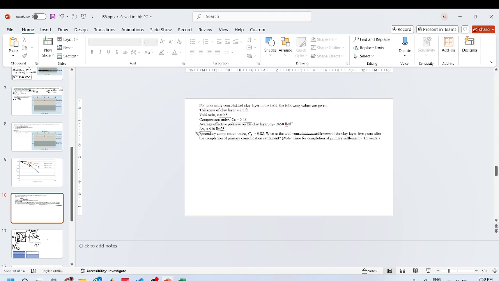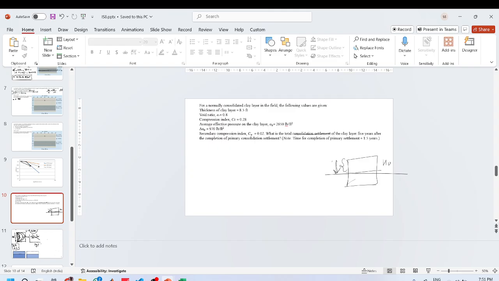Okay, so we know that there are two kinds of consolidation. There is primary consolidation and then there is secondary consolidation. Primary consolidation is only due to the expulsion of the water from the voids and due to the change in the volume of voids. You have a fixed soil, it will have a fixed volume of voids. Thus, it will have a fixed capability of consolidation.